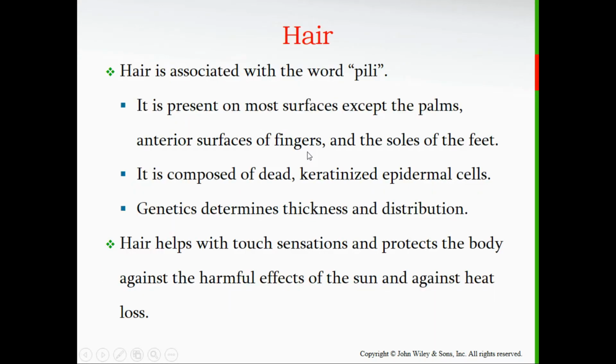Our first accessory structure is going to be hair. Hair is associated with the word pili. So a lot of times when you see the prefix pili, it is in reference to hair. It is present on most surfaces except for the palms of your hands and the soles of your feet.